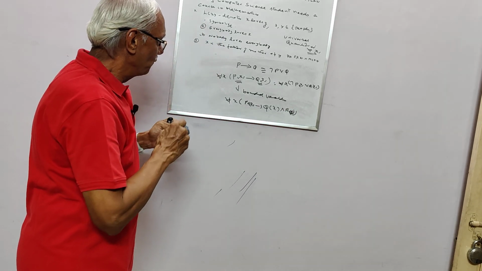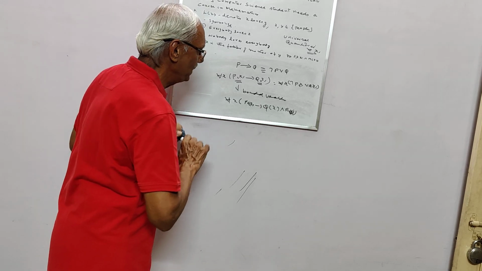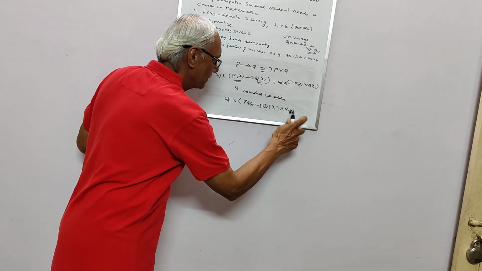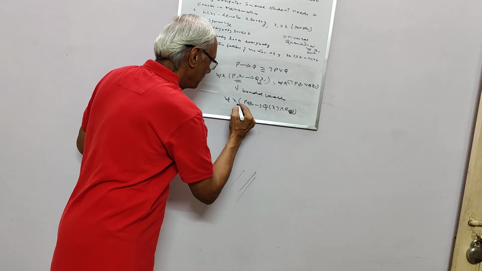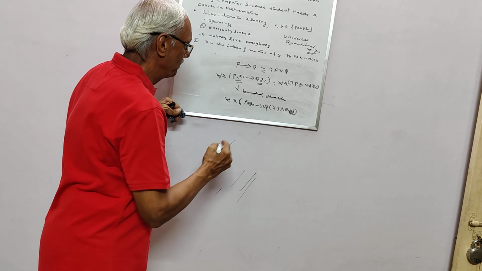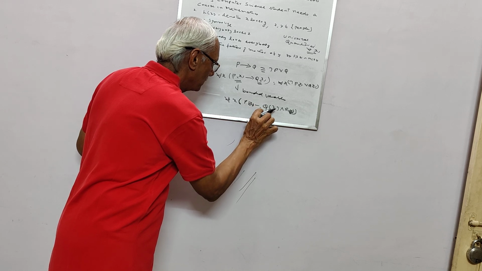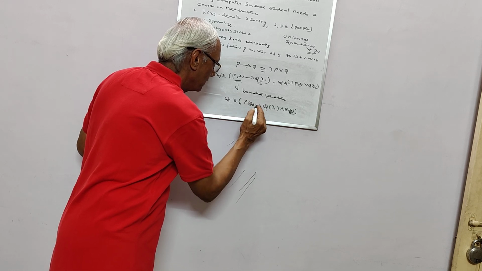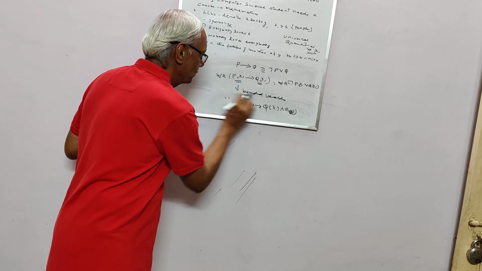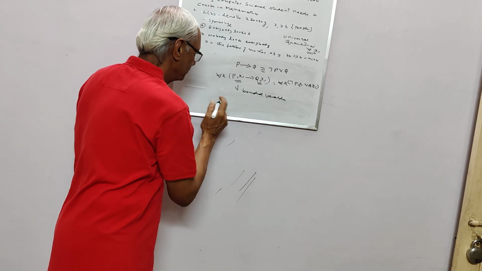Now you see that for all x, I put it like this, you be careful with this. P of x. I'll write it clearly so that you will understand better.